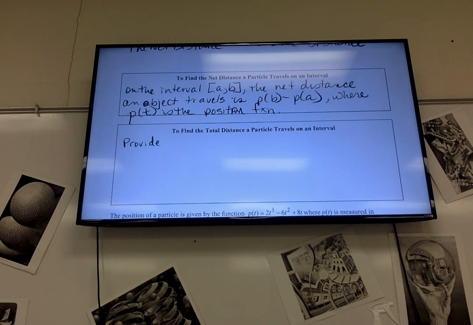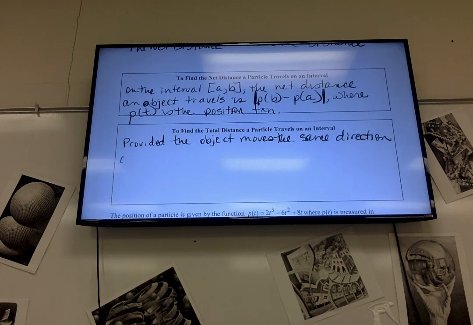The next one, to find the total distance a particle travels on an interval. That's the total distance. If the object moves the same direction, oh, I should have absolute values here because it can be negative.